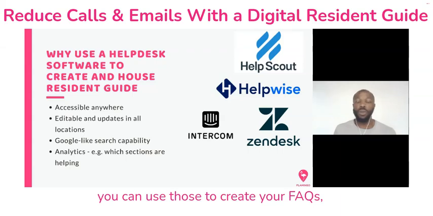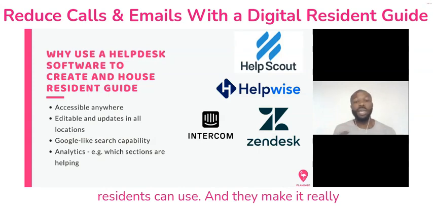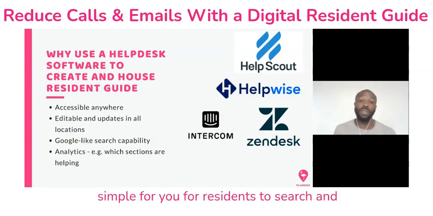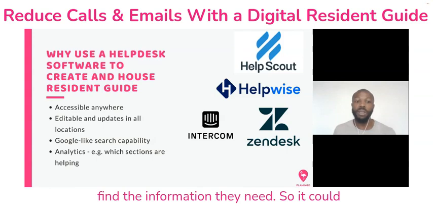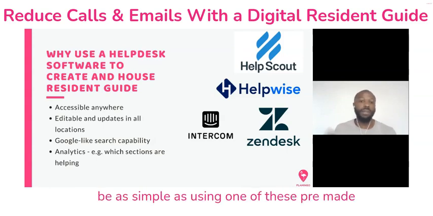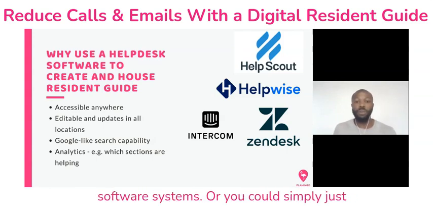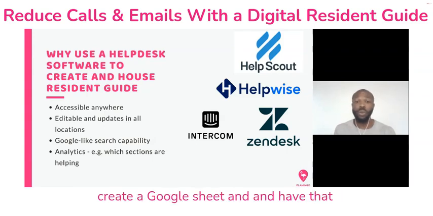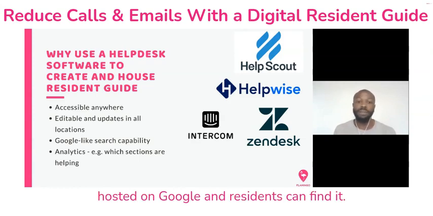So you can use those to create your FAQs, different sections, and then have a link that residents can use. And they make it really simple for residents to search and find the information they need. So it could be as simple as using one of these pre-made software systems, or you could simply just create a Google Sheet and have that hosted on Google, and residents can find it.